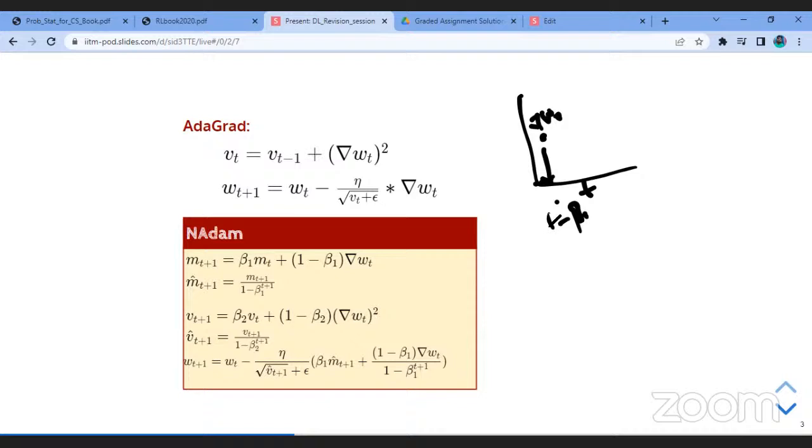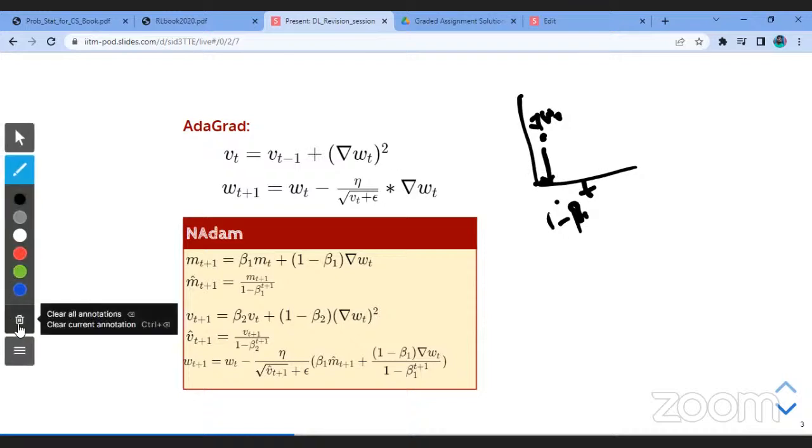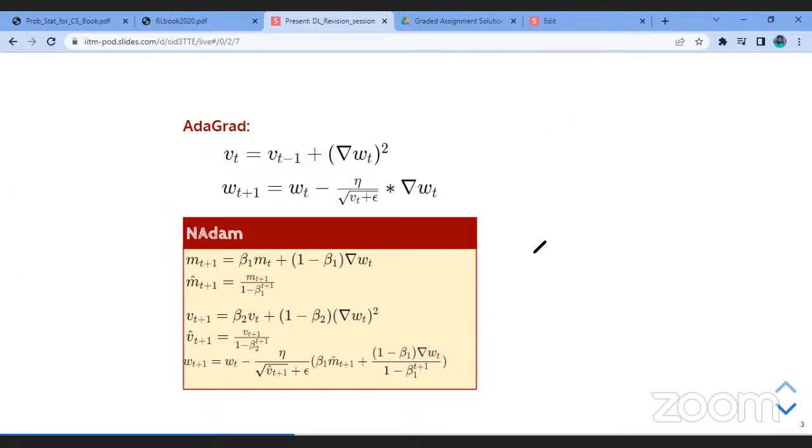This factor almost becomes 1 after some iterations. So just for the first few initial iterations, we need to do this so that it actually makes use of the original observation del omega t. So we are trying to negate the effect of 1 minus beta 1. That's the straightforward answer. Yeah, okay, thank you.